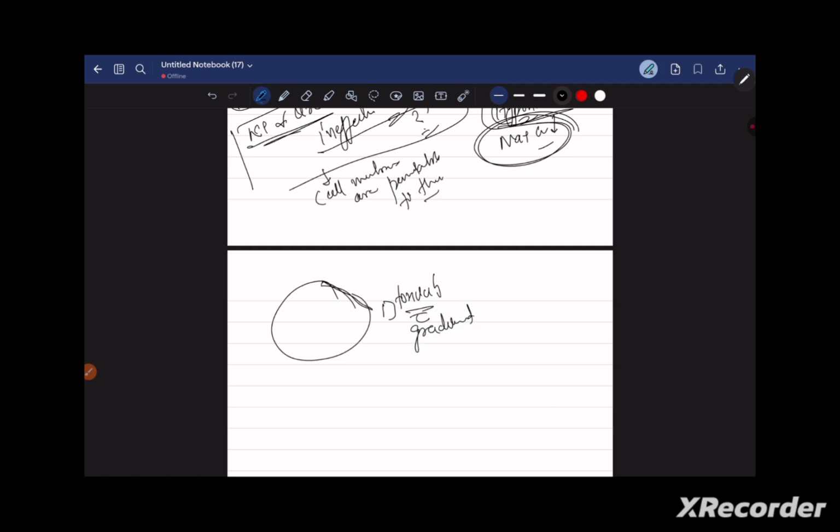If molecules like potassium and urea move freely through the semipermeable cell membranes, are they able to create the gradient? No, they are not. So which molecule is able to create the gradient across the membranes? That is sodium and glucose. That's why these are called effective osmoles. Okay, so this you have to remember.